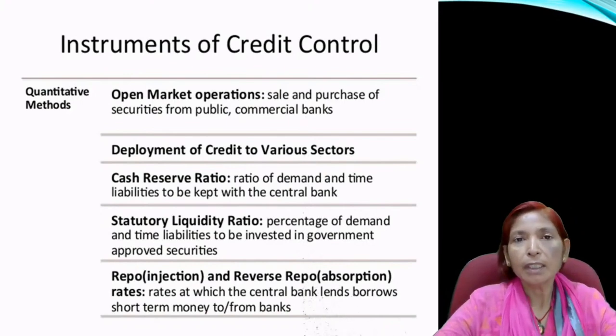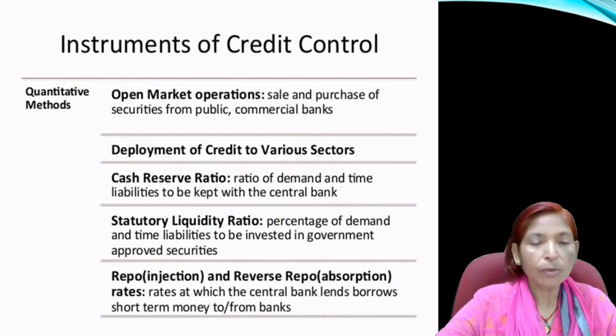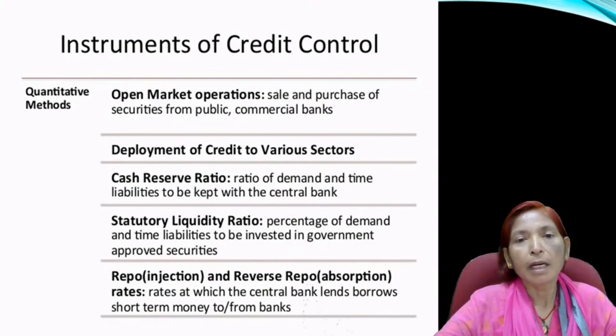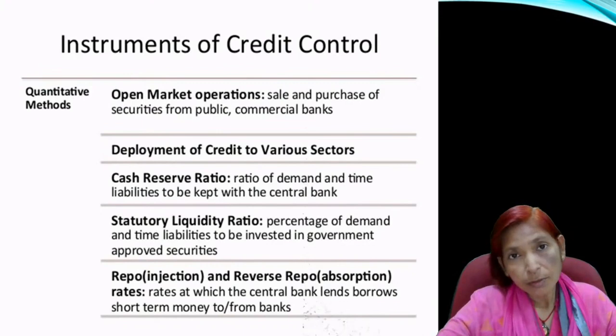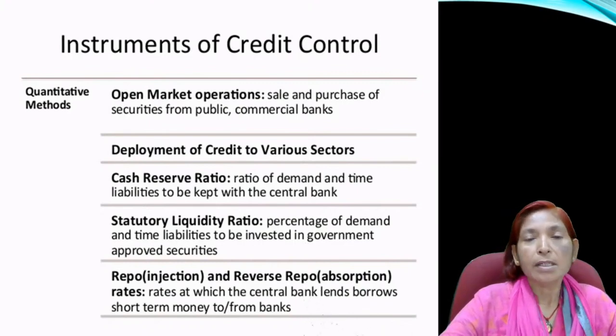Now next is SLR. SLR is statutory liquidity ratio. Statutory liquidity ratio means the percentage of demand and time liabilities to be invested in government approved securities. SLR is that ratio from which commercial banks keep money with themselves.